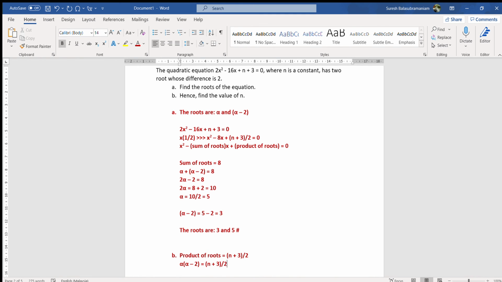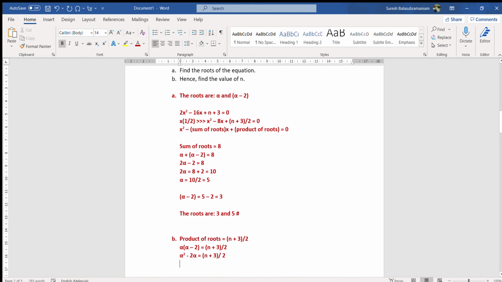Now we'll solve this. Alpha times alpha gives alpha squared, minus 2 alpha, equals (n plus 3) over 2. From question A we know that alpha is 5, so replace that.